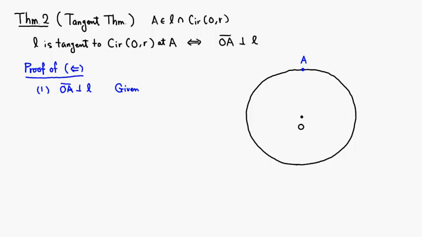Let's assume that the segment OA is perpendicular to L, and we'll try to show that L is the tangent to the circle at A. So there are two possibilities: L is not tangent to the circle at A, or L is tangent.